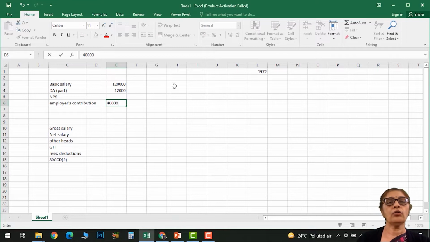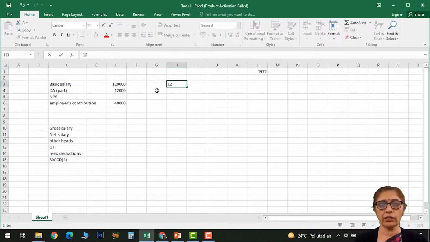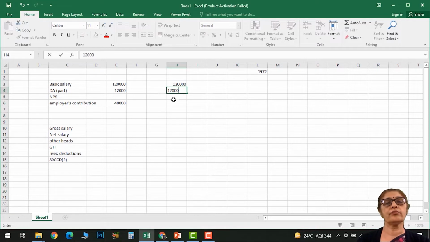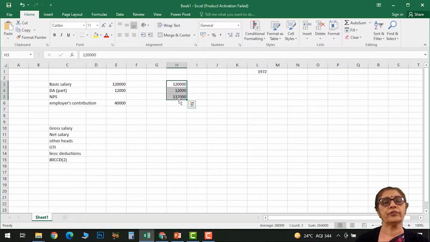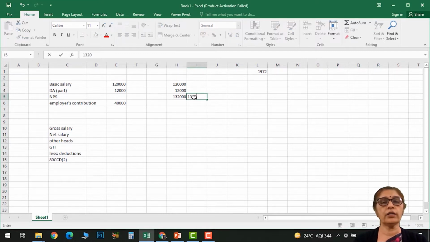Right. Now, basic and DA. DA is a part of salary. So we have 1,20,000 and 12,000. So your total is 1,32,000. And if it's a case of a non-government employee, 10% of this is 13,200.